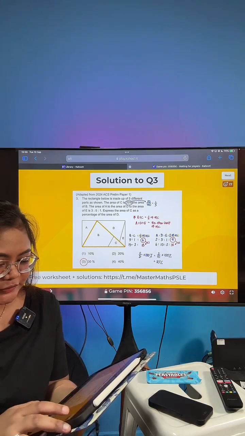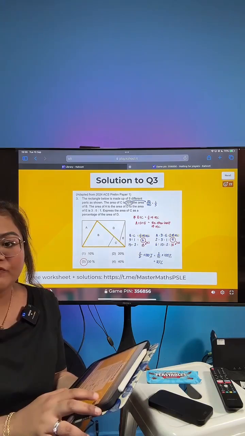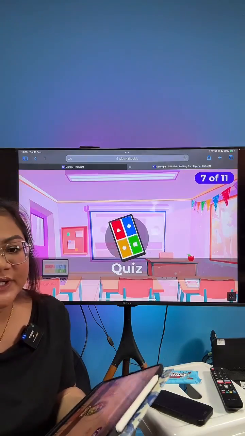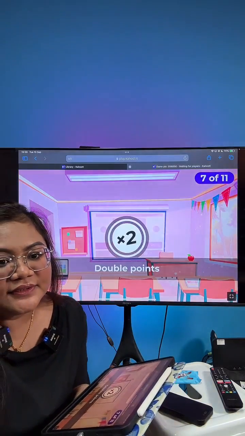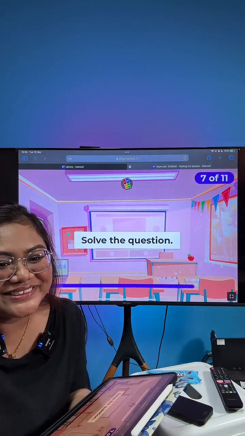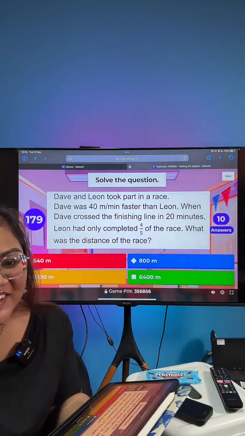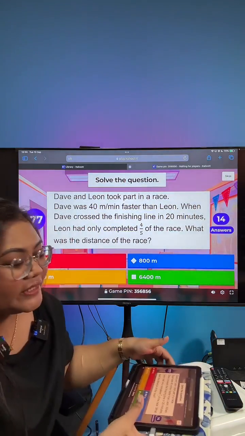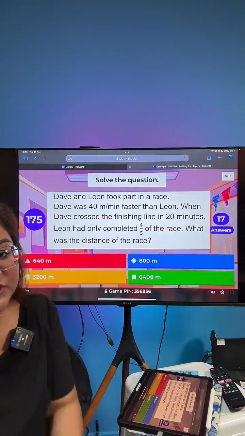Let's go on to the next question, number 4. Okay, question number 4 here. 2018 PSLE question.